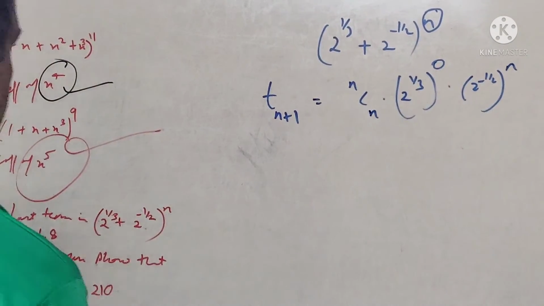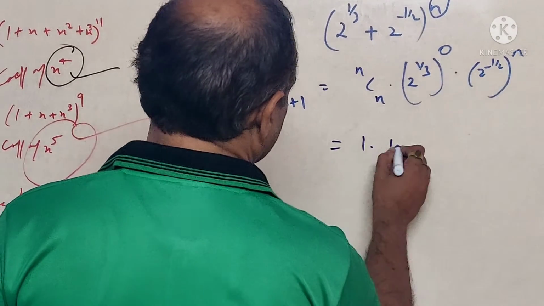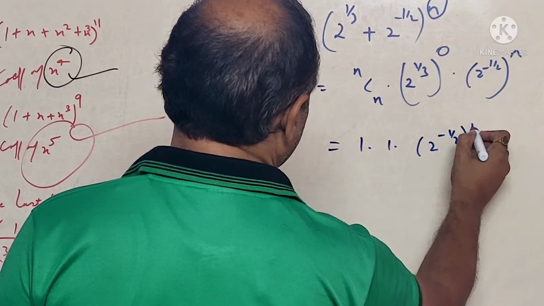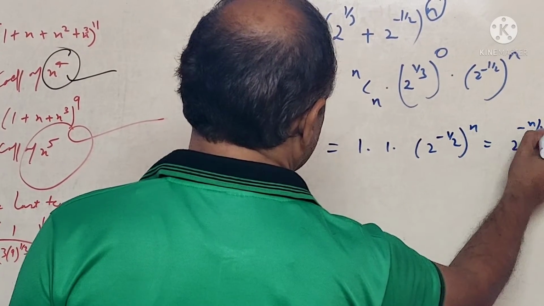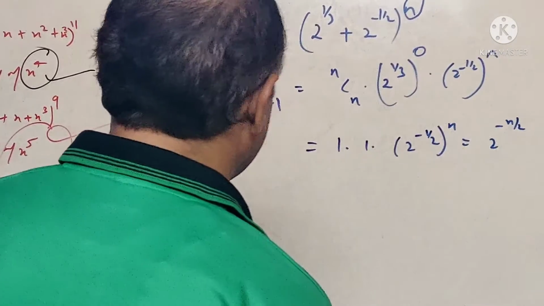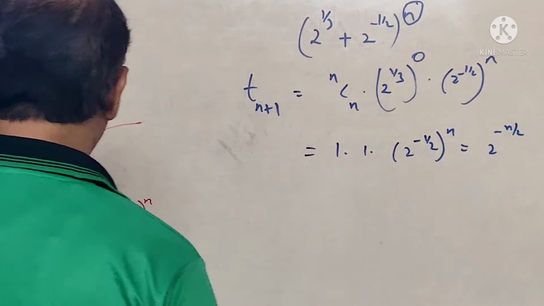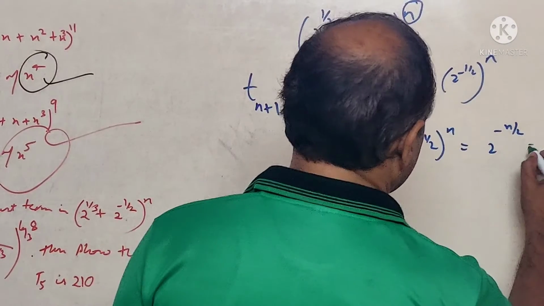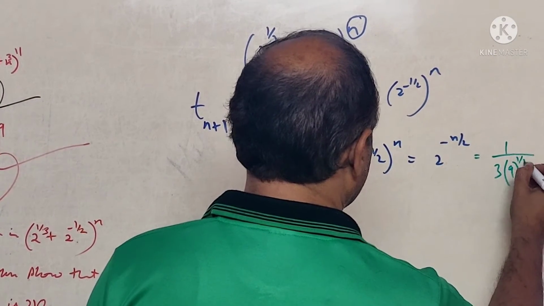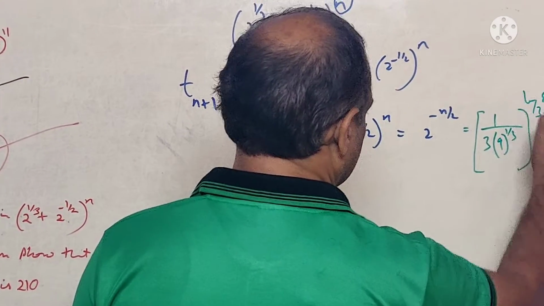Now, on this expansion, nCn gives you 1, and we are having (2 raised to power minus 1 by 2) whole power n, which is equal to 2 raised to power minus n by 2. Now, this 2 raised to power minus n by 2 is given to you that it is equivalent to 1 by, how much is this equivalent to? 1 by 3 into 9 raised to power 1 by 3, and whole raised to power log 8 base 3.